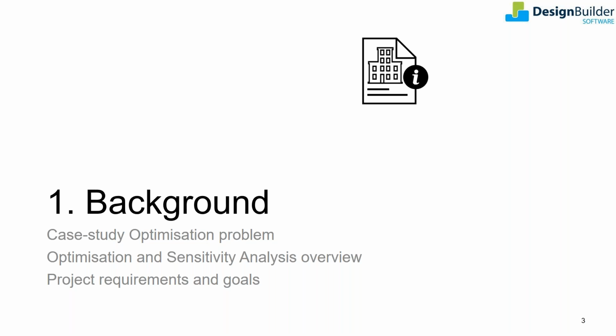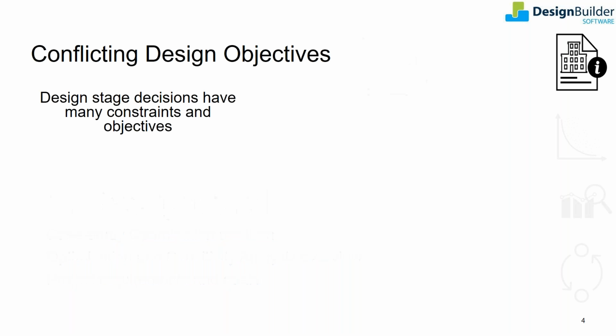First, the background. Design stage decisions must balance many constraints and objectives. While some are related to functional, operational, and maintenance requirements, others are more immediate, such as project budgets and regulatory compliance.